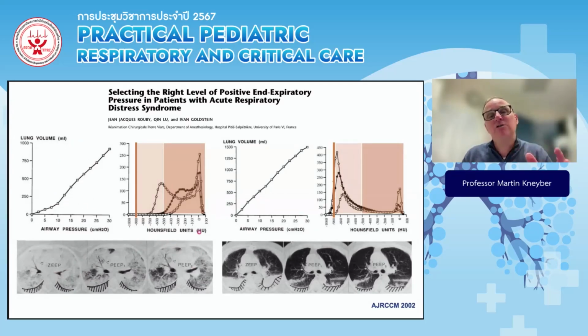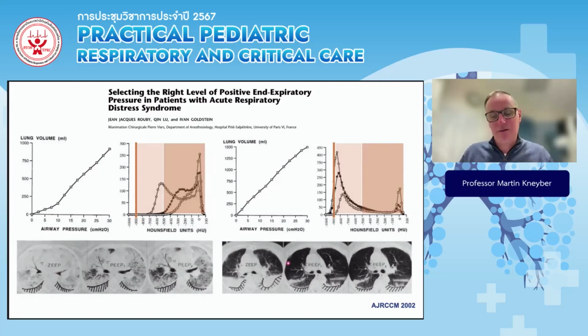But then if you look at the Hounsfield units, and the more negative, the more overdistension, in the patient with diffuse ARDS, increasing the PEEP resulted in a better aeration, but in the patient with focal ARDS, increasing the PEEP resulted in a significant degree of injurious hyperinflation. And this cannot be seen from the outside, and this cannot be counteracted when you apply the grid, because you would have applied the same level of PEEP in these patients.